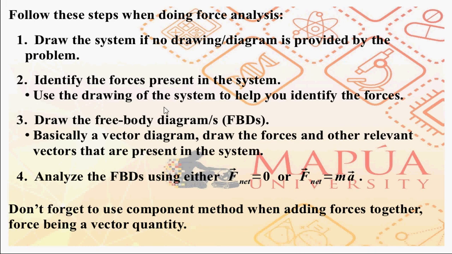And then, using the drawing of the system, draw the free body diagrams, FBD. Each object in the system will have its own free body diagram. And then analyze the free body diagram using either Fnet is equal to 0 or Fnet is equal to MA. And don't forget to use your component method because force is a vector quantity.